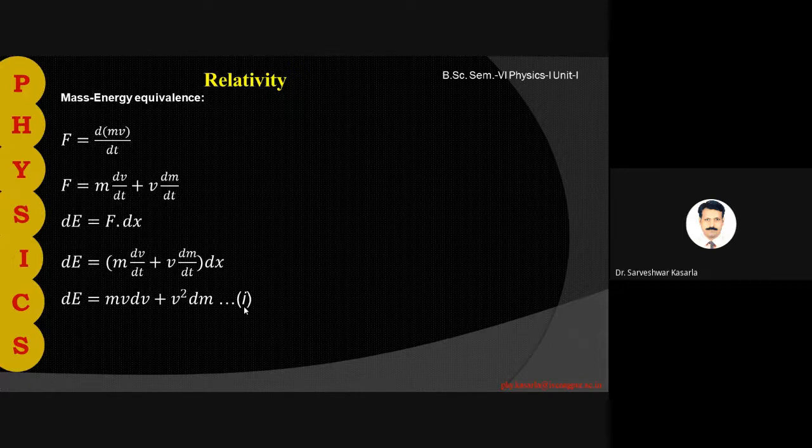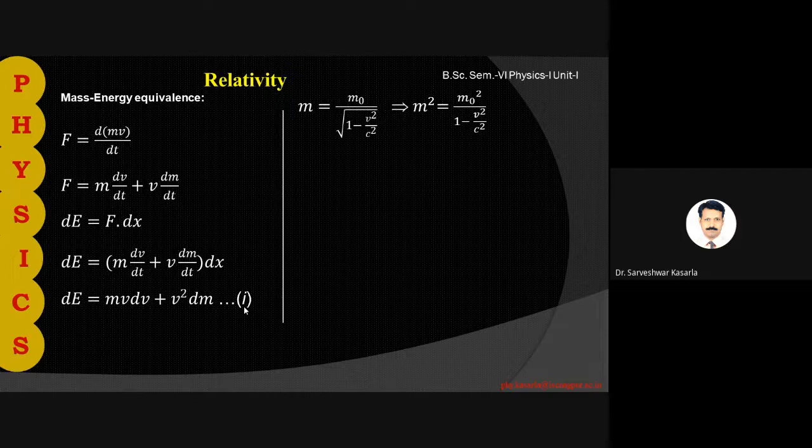Now let us start with the expression for the relativistic mass. m is equal to m0 upon under root 1 minus v square by c square. That implies m square is equal to m0 square upon 1 minus v square by c square.